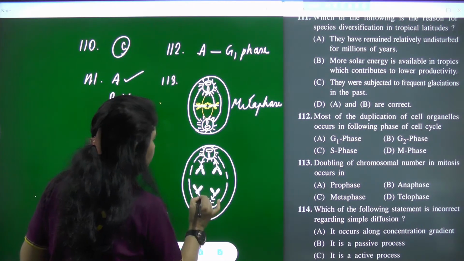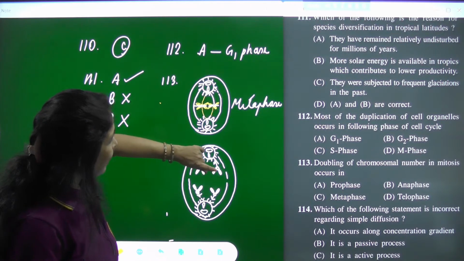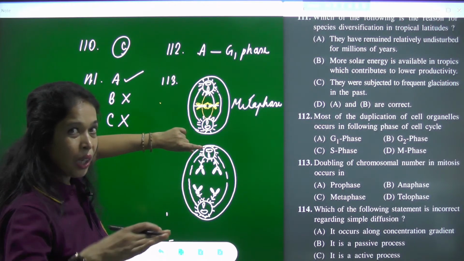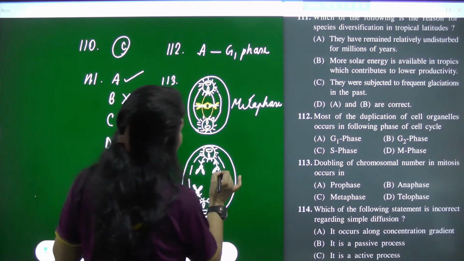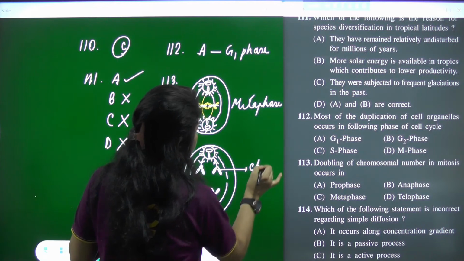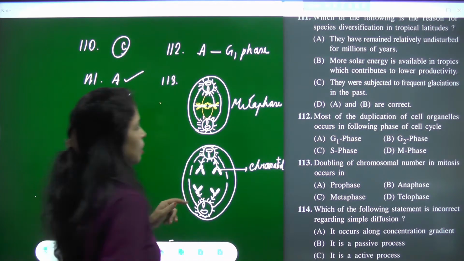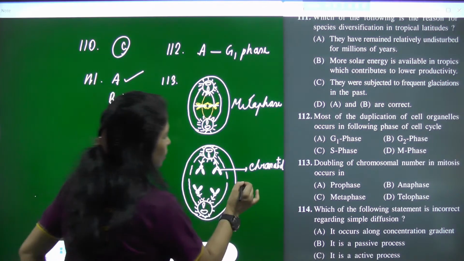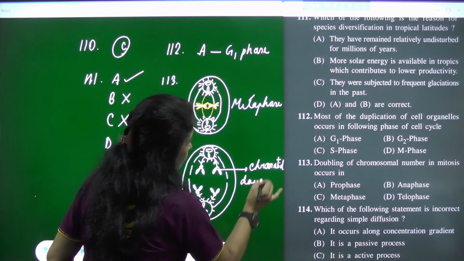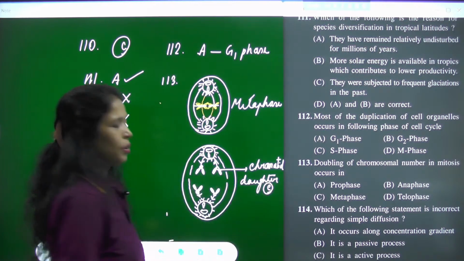In the movement, the centromere always takes the leading role and the arms trail behind. After reaching the pole, it will behave like a daughter chromosome.